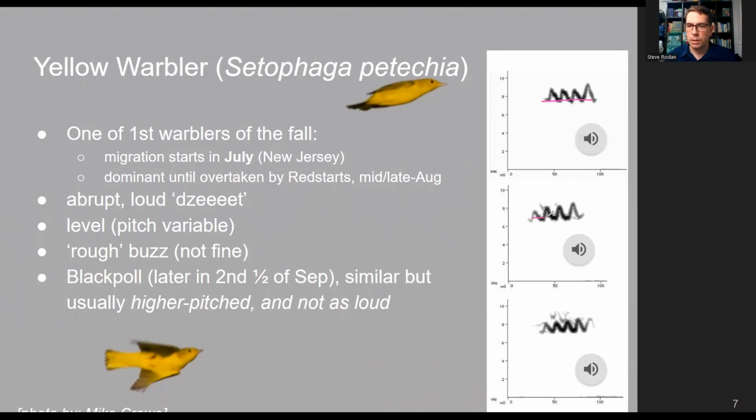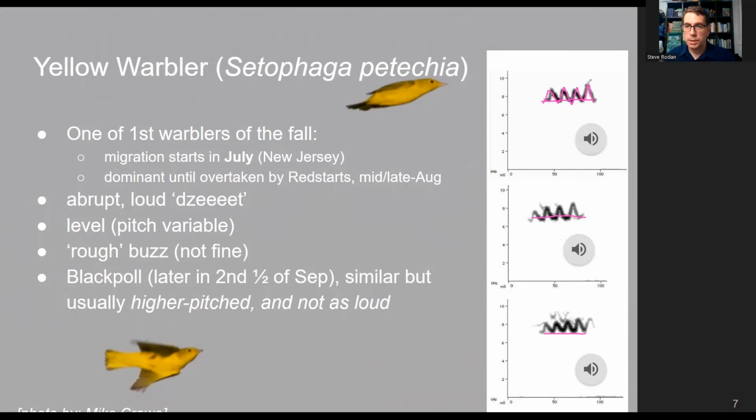These are all very straight, level calls, so there's no rising or falling tone. But they're not, like I drew here, straight lines, which would be just a whistle, but in fact modulated. And the modulation means buzzy, right? So these are buzz.